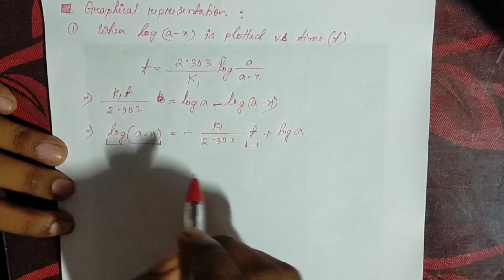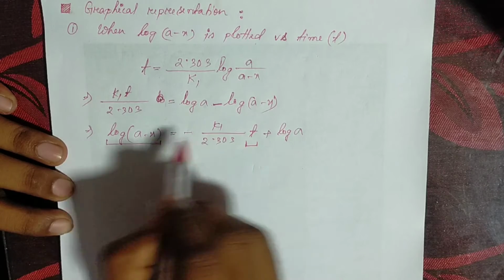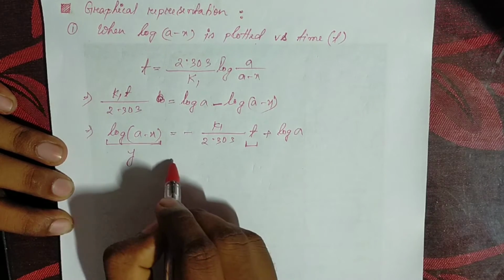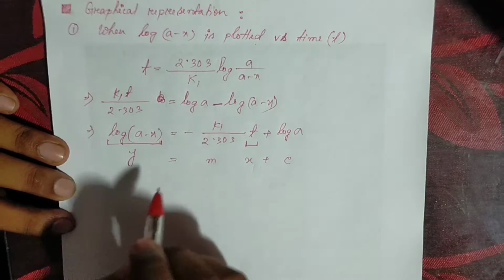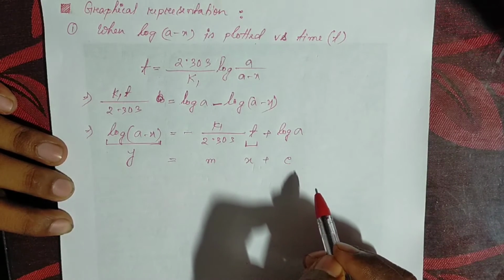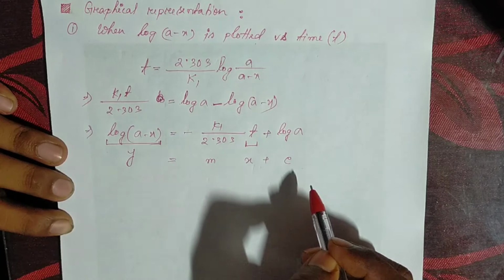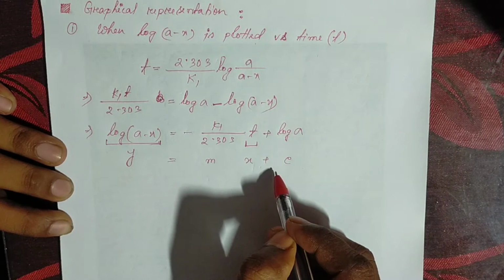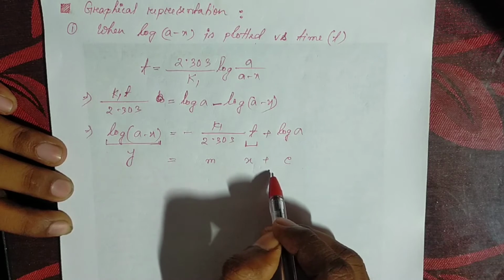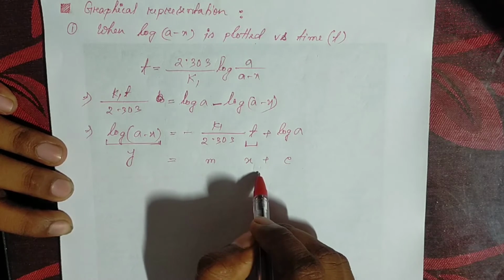Okay, versus time, so it is y is equal to mx plus c, this is an equation for a straight line. Okay, y is equal to mx plus c indicates the graph of a straight line.